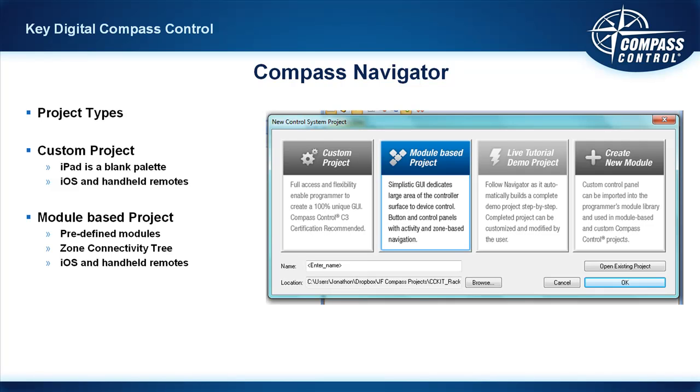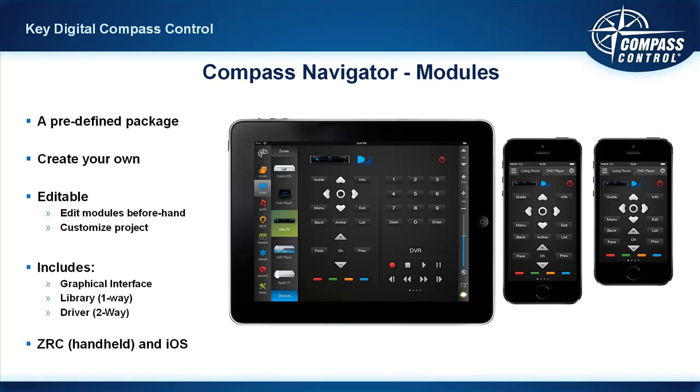Simplistic GUI dedicates a large amount of the controller surface to the device control, but in control panels with activity and zone-based navigation, okay? A module is a pre-defined package. It's graphics, right? This whole control interface. It is the library.